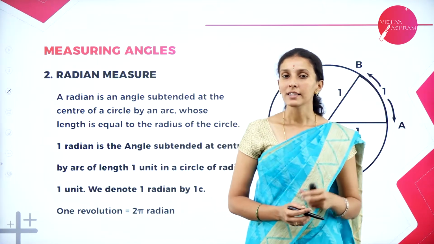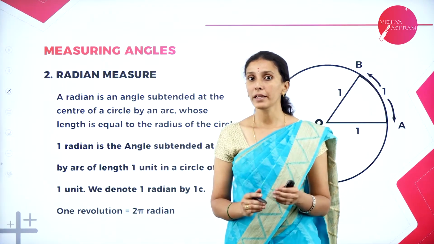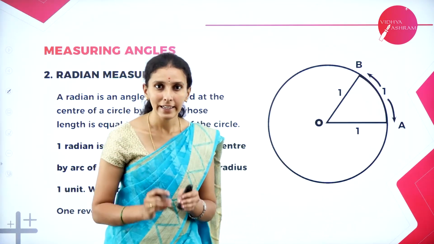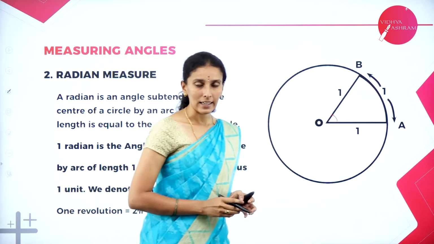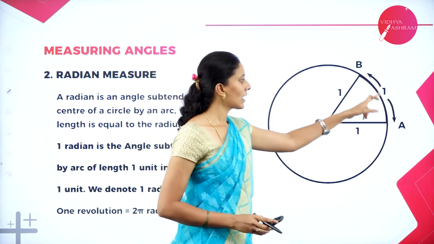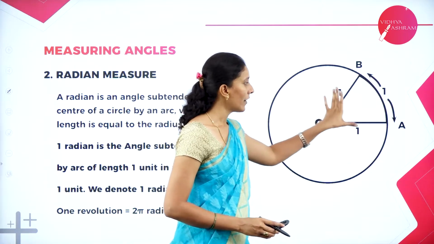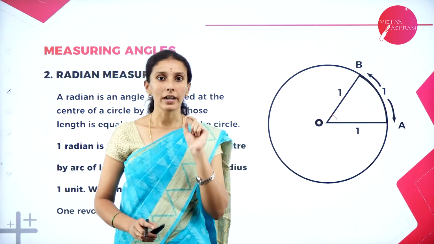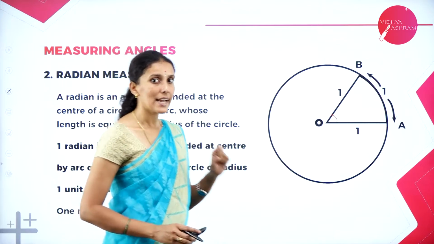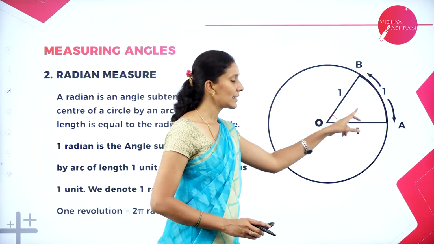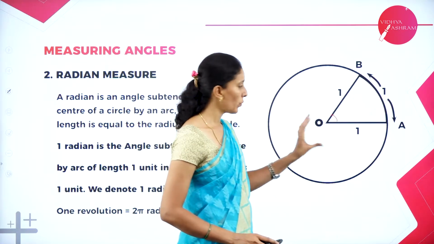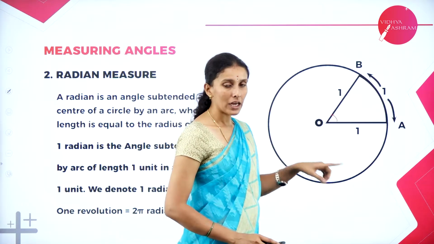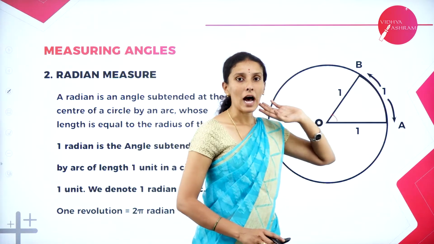Now we come across radian measure. What do you mean by radian? Radian is nothing but an angle inside the circle where the arc length is equal to the radius of the circle. So a radian is an angle inside the sector formed between two radii where the radius is equal to the arc length.